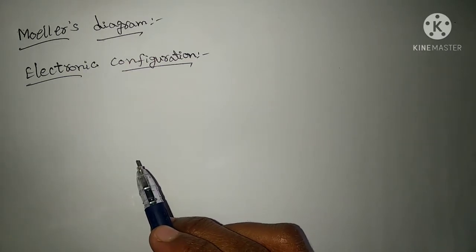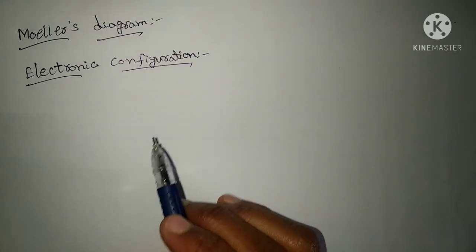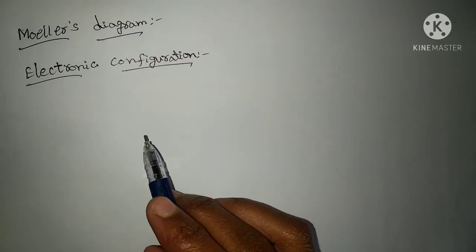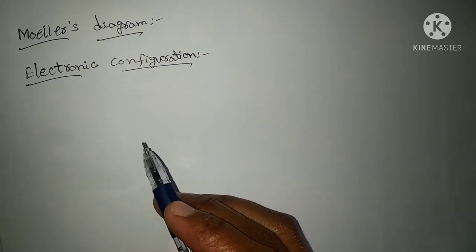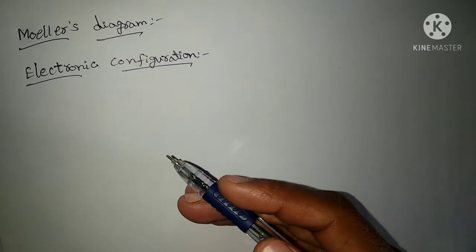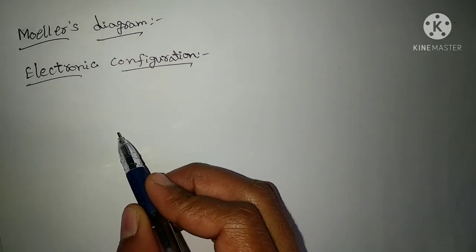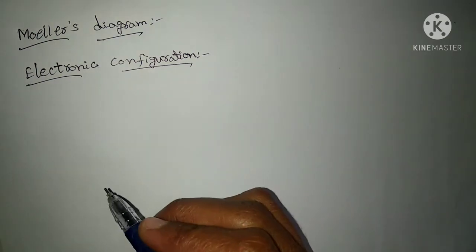That path is nothing but a shell or orbit. Shells contain subshells, and subshells contain orbitals. Inside the orbitals, electrons are present. Now, how will those electrons arrange in the orbitals? These orbitals inside the atom are called atomic orbitals.